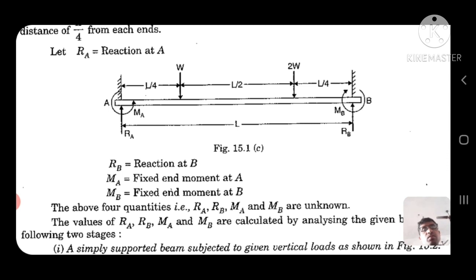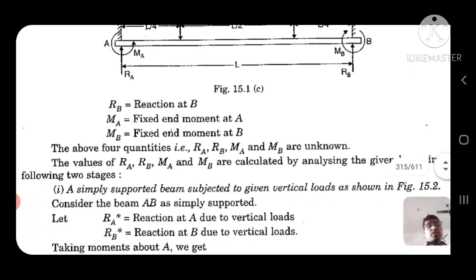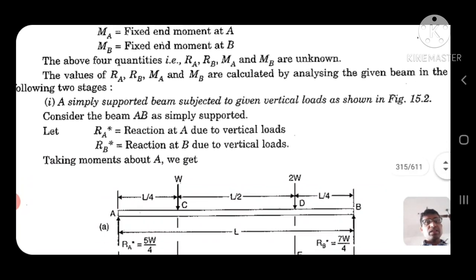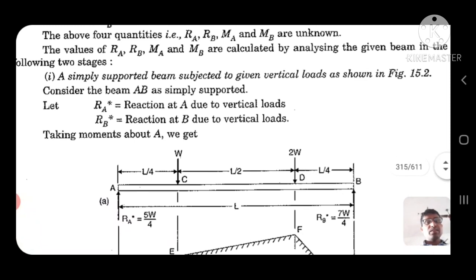W and 2W, both ends have a support. First, according to the simply supported beam theory, for the given vertical load as shown in the figure, consider the beam AB as simply supported.